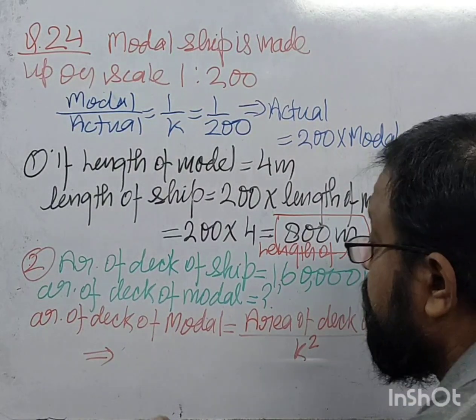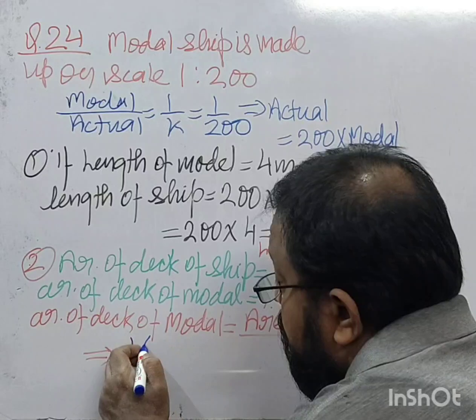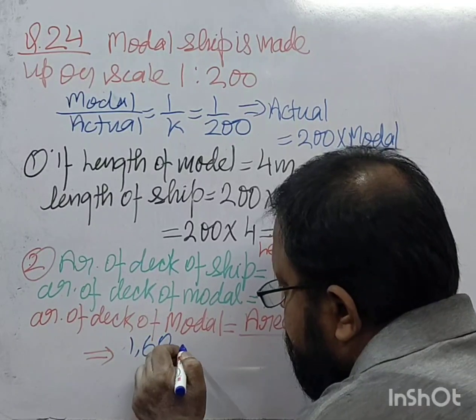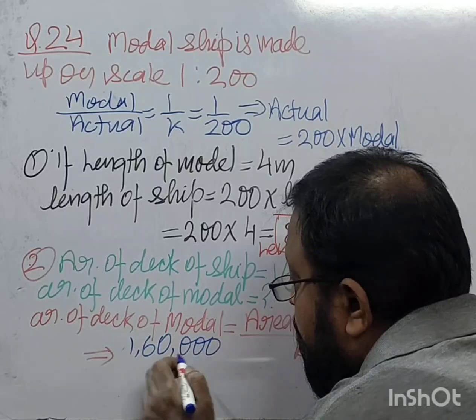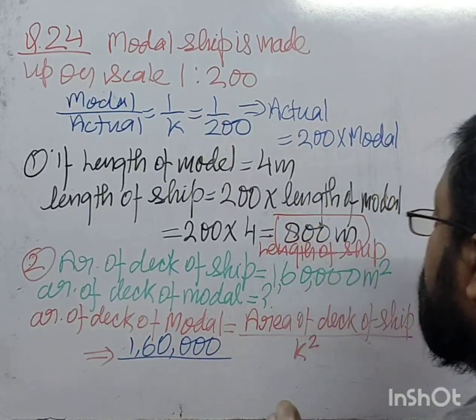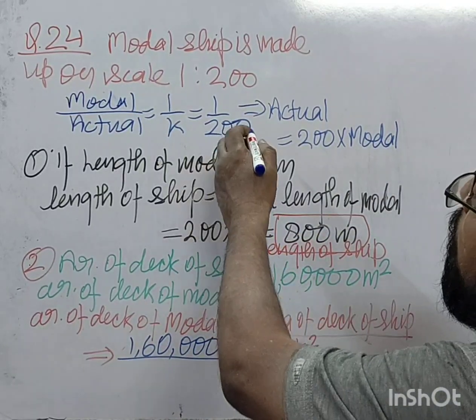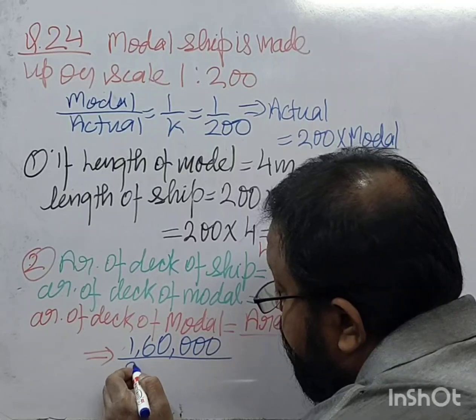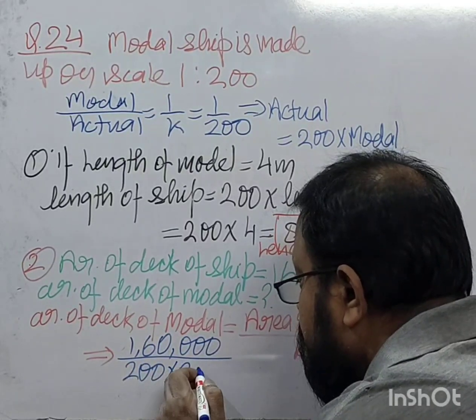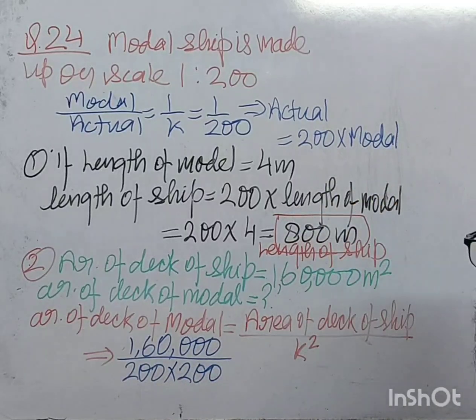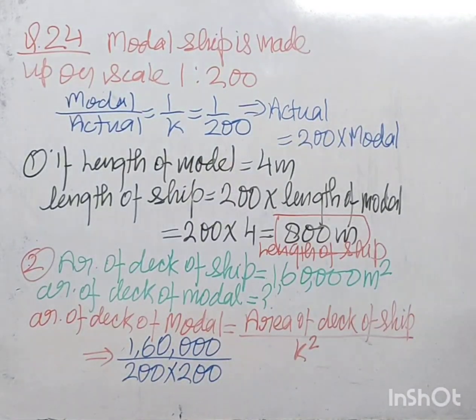It will be 1,60,000 upon, it is 200 times, right? So 200 into 200, right?